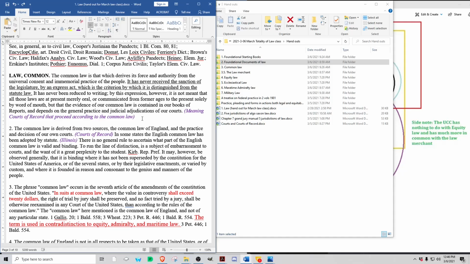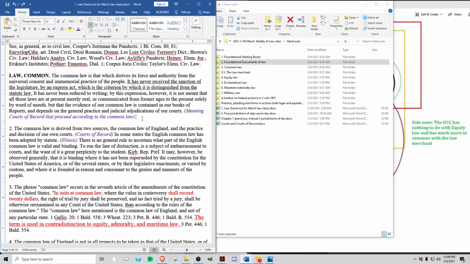Now, what's a book of reports? A book of reports is basically case law, but from courts of record. It's where the juries have determined, this is what our law is here. This is right. This is what we're going to do.